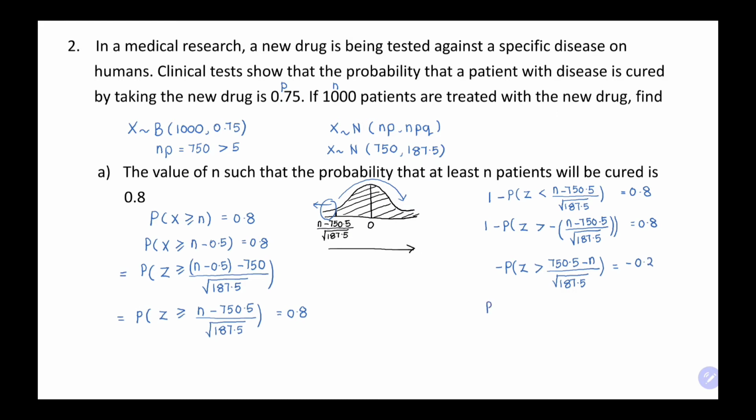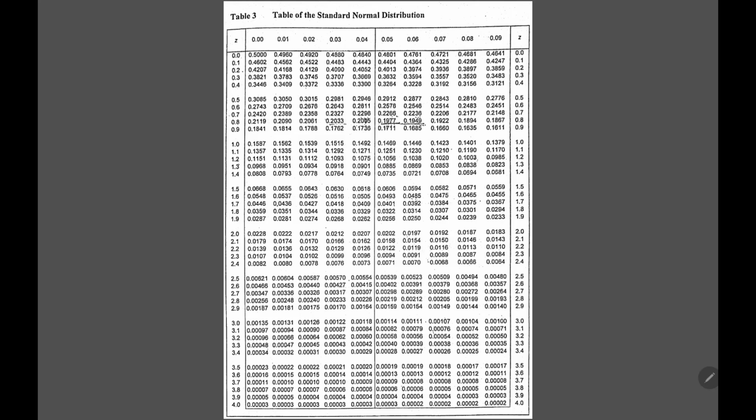Then we solve, we get P(Z greater than 750.5 minus N over square root of 187.5) equals to 0.2. Okay, now Z greater than, and value Z is positive. So we can check table where our area is 0.2. So we check table, kena cari dalam table kat mana ada 0.2.